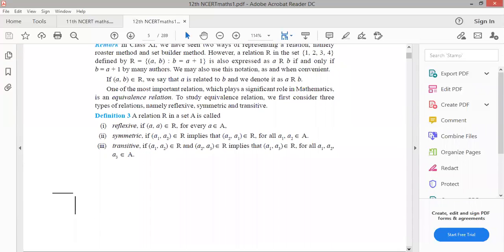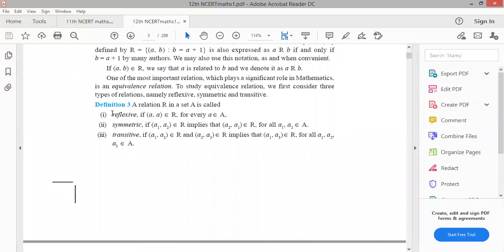We have more types of relations. For example, we have a reflexive relation. What is that? A relation is reflexive if every element is related to itself in the relation, for all a belongs to A. I hope you got it. That means every element is related to itself.